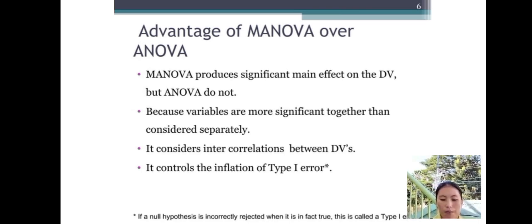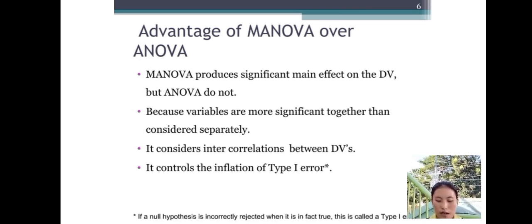Advantage of MANOVA over ANOVA: MANOVA produced a significant main effect on the dependent variables, but ANOVA did not, because variables are more significant together than considered separately.